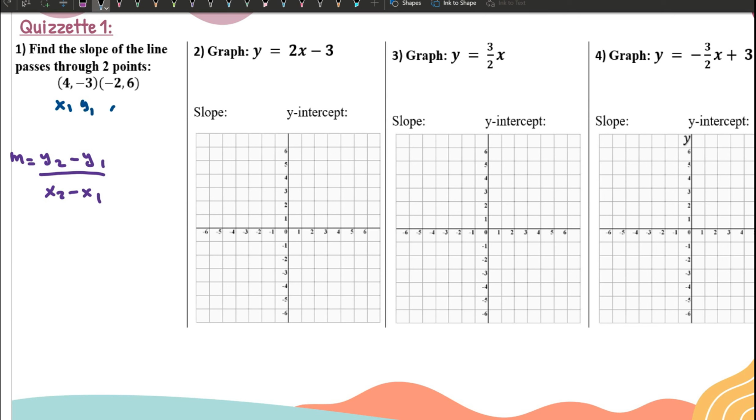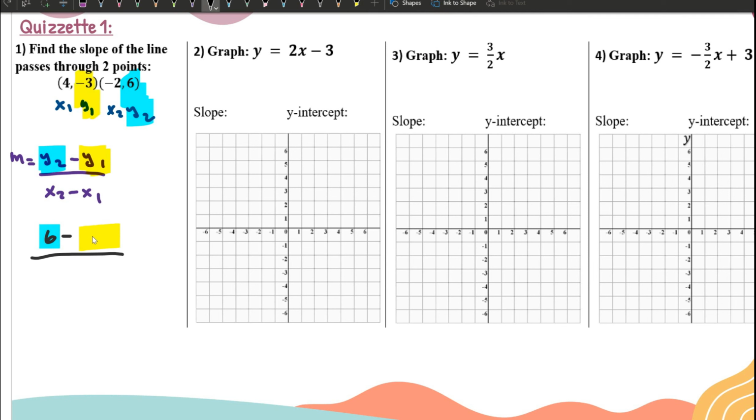x1, y1, x2, y2. As we practiced, y2 is 6, so that will give you 6 minus y1. y1 is negative 3.